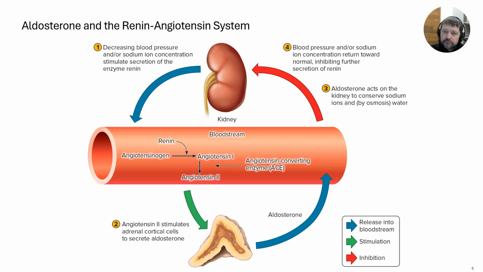So it's going to conserve as much sodium and water as possible. Okay? And often it will try to reestablish blood pressure and the sodium concentrations. So this is directly related to kind of the homeostasis of the kidney, which is directly related to the homeostasis of the blood. Okay?